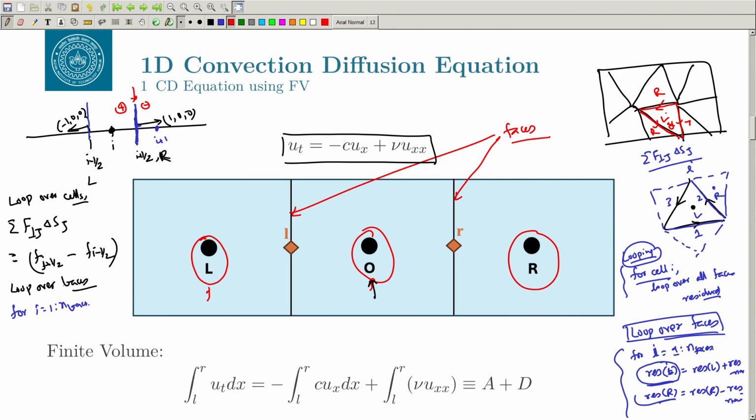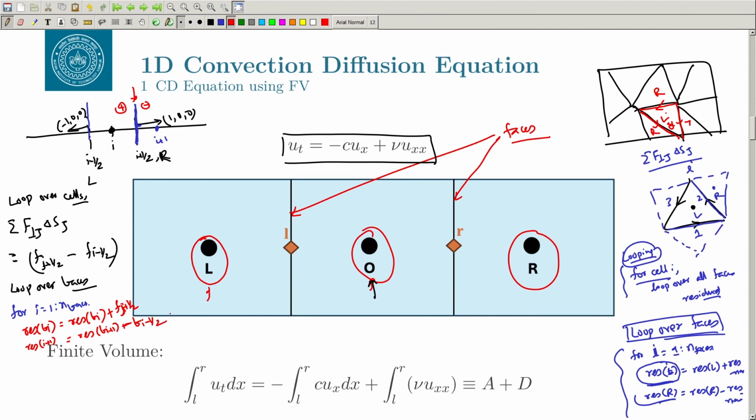So, my residue in cell i will be residue in i plus F at i plus half, right. And similarly, if you go to the residue of i plus 1, this will become residue of i plus 1 minus F at i plus half, right.